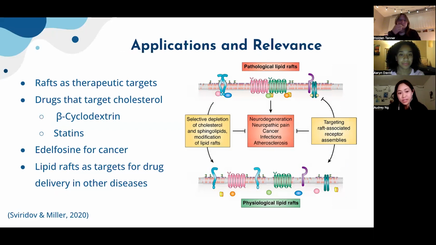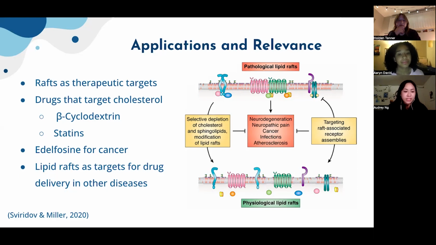So drugs that target cholesterol, such as cyclodextrins, can actually deplete the rafts of cholesterol, and things like statins can disrupt biosynthesis of cholesterol. And at low concentrations, these might be able to, again, disrupt the rafts that are pathological while still preserving some healthy function.